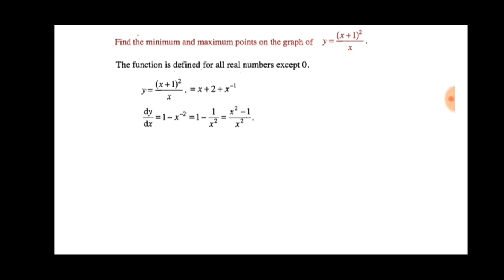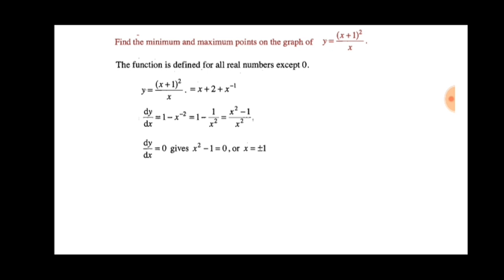We differentiate it to get the first derivative, dy over dx equal to x square minus 1 over x square, and we make it equal to 0 and find the values for x. We get two values, x equal to plus 1 and minus 1.